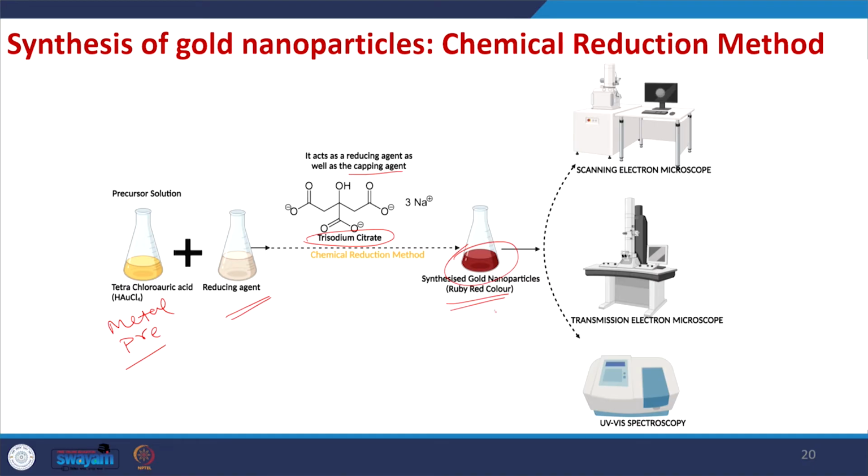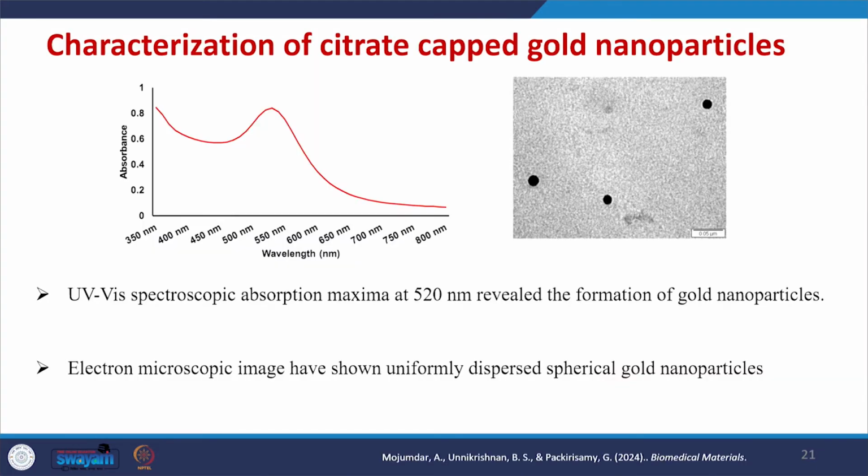Then you can characterize these gold nanoparticles using UV visible spectroscopy, and we can also characterize the nanoparticle by electron microscopic techniques such as transmission electron microscope or scanning electron microscope. Let us see how to characterize the citrate capped gold nanoparticle using UV visible spectroscopy as well as by TEM analysis, that is transmission electron microscopic analysis.